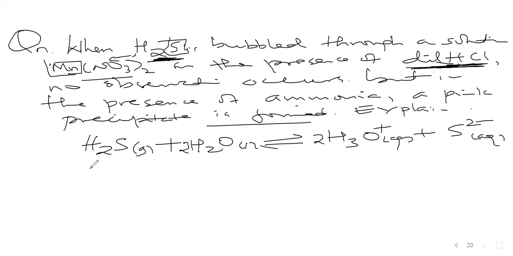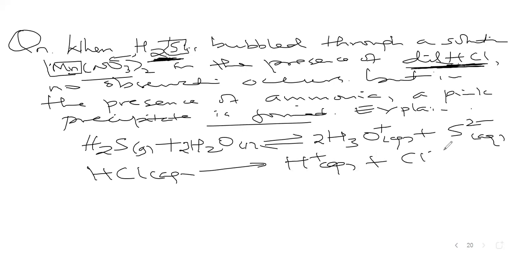Then in the presence of hydrochloric acid, what happens? This is a strong electrolyte. It will completely ionize to give us hydrogen ions and chloride ions. So this is where our concept will be. So what shall we say? We shall say hydrogen sulfide is a weak electrolyte in solution.